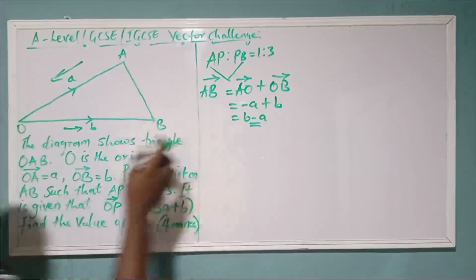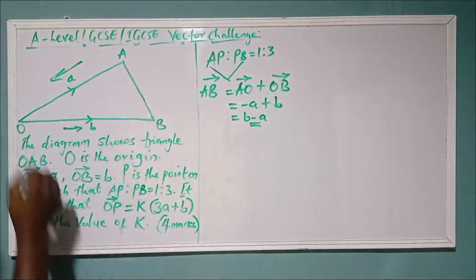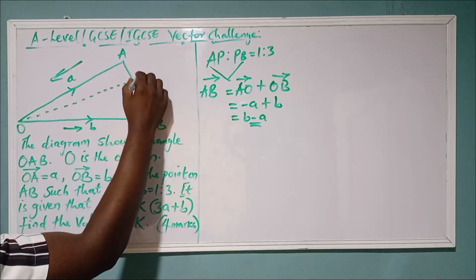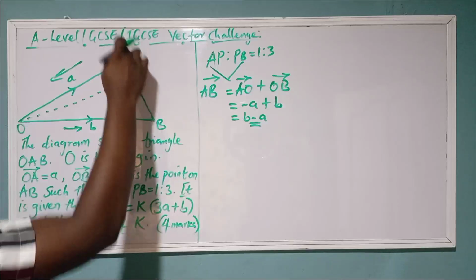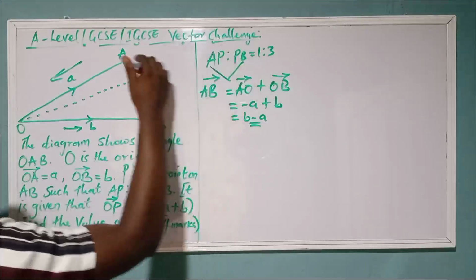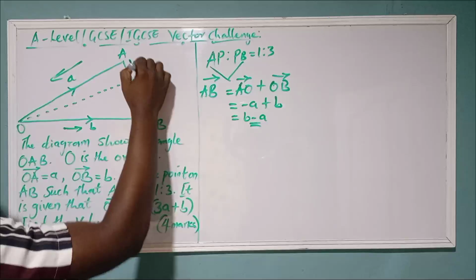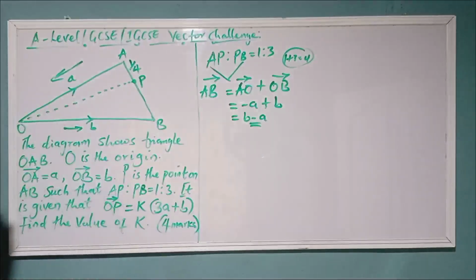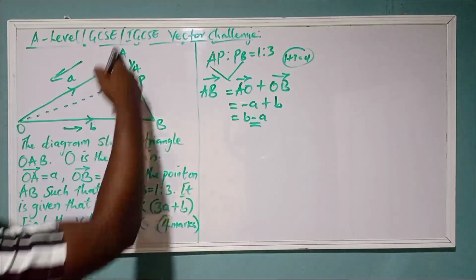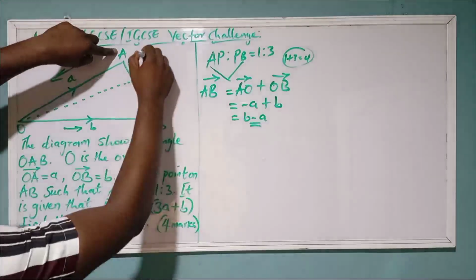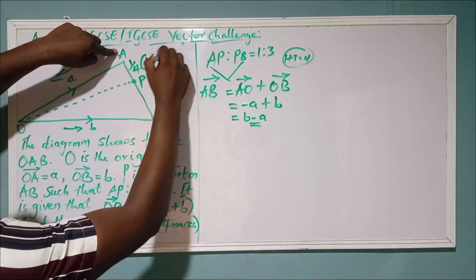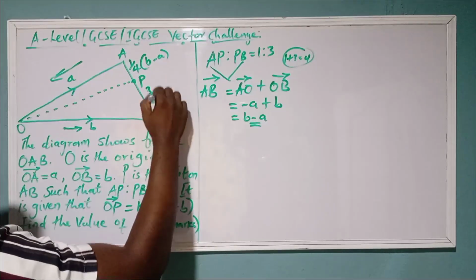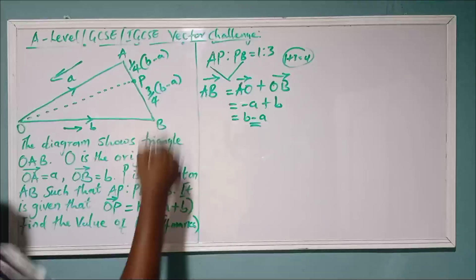So if you look at this line and you draw a point and call it P, that means from A to P will be 1/4, because 1 plus 3 gives you 4, which is the total ratio. 1/4 of what? AB. So AB is B minus A. And BP will give you 3/4 of that same AB. Alright, so we have gotten that value.